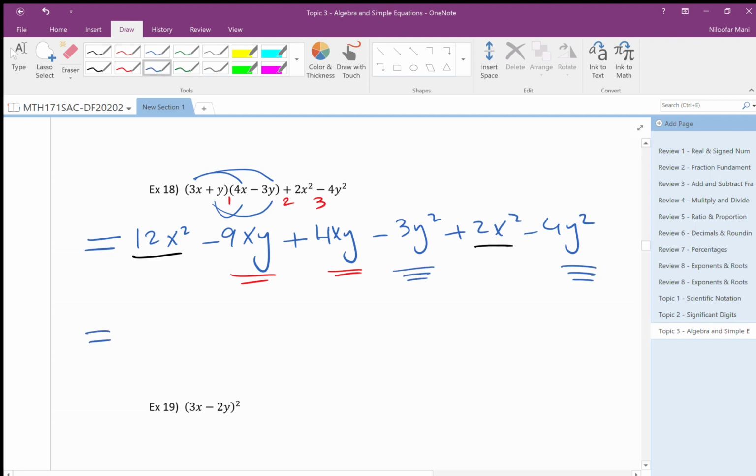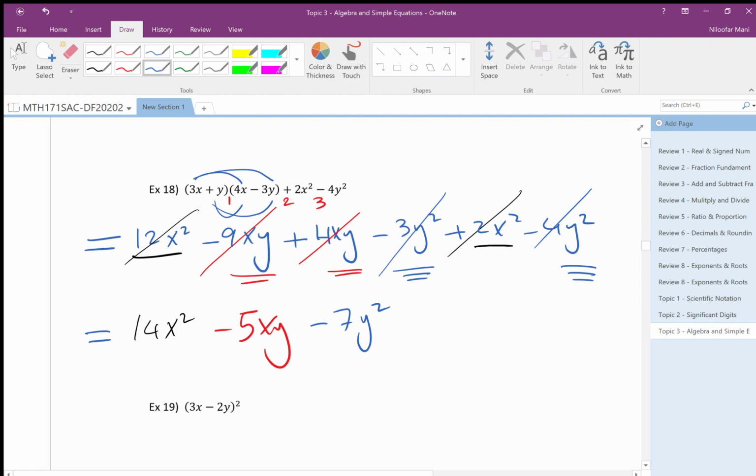So now I collect them. 12 plus 2 is 14x squared, minus 9 and 4 is minus 5xy, and the last, minus 3 and minus 4, is minus 7y squared.